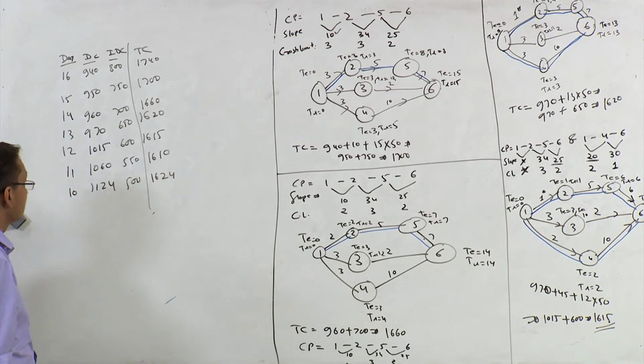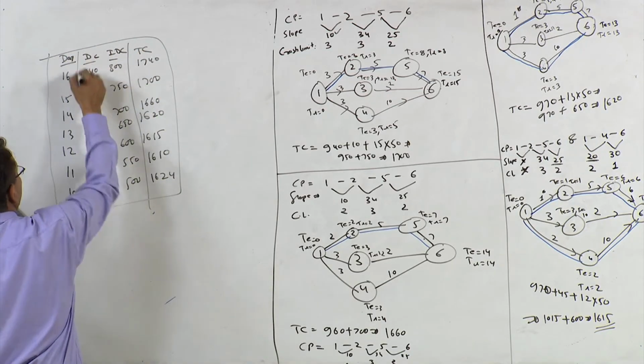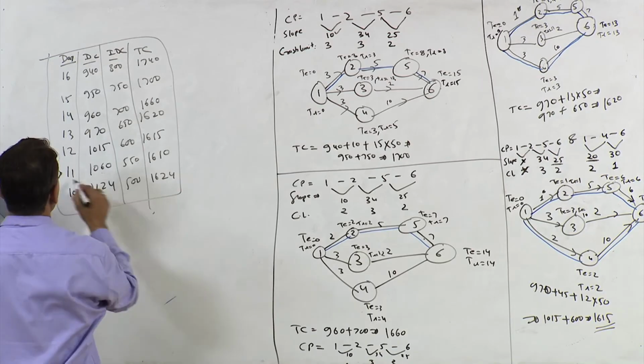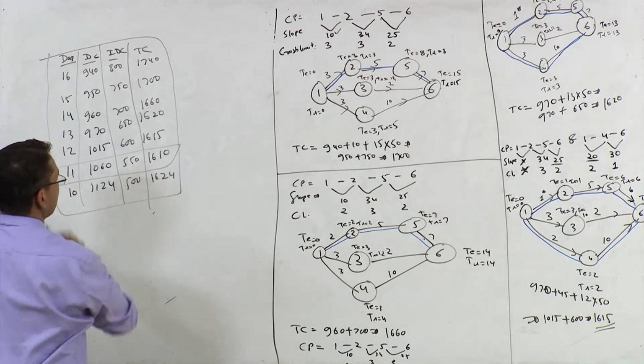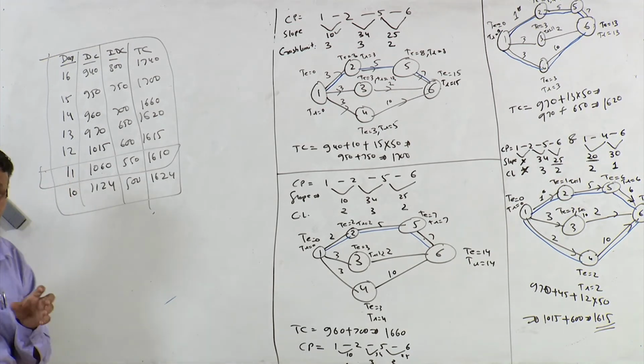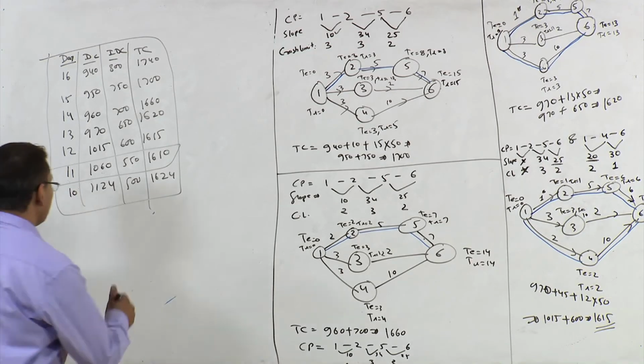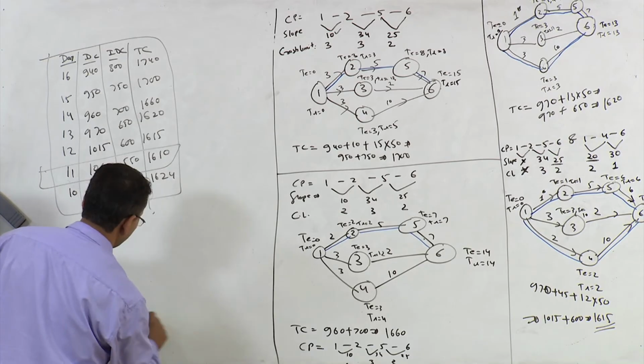So if you look at this total cost curve, this total cost figure here, this is the lowest cost and the duration of this project is 11. So you should not reduce this project beyond 11 days. So what is happening here, let me draw a total cost.